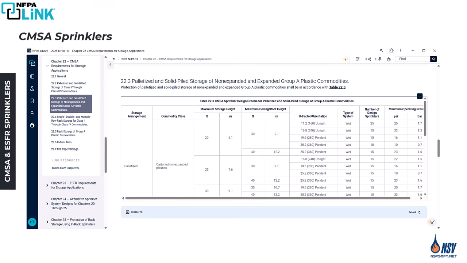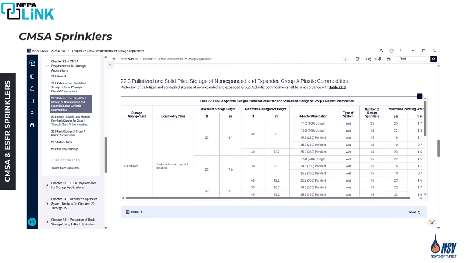In these tables, the standard defines the K-factor, orientation, number of sprinklers in the design area, and minimum operating pressure based on the storage arrangement, commodity class, maximum storage height, maximum ceiling height, and system type.